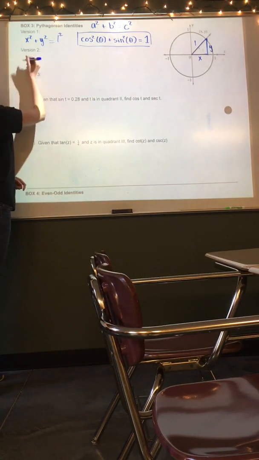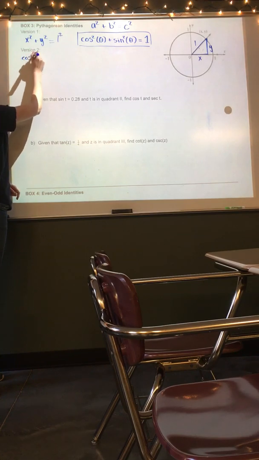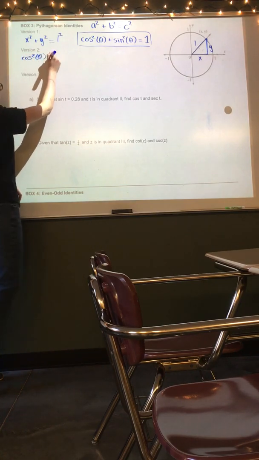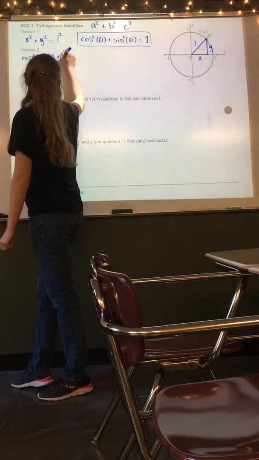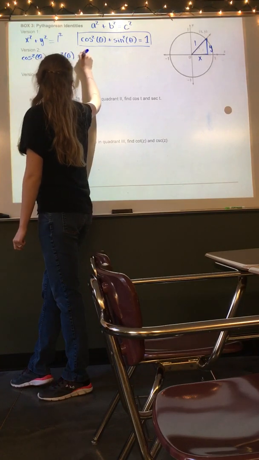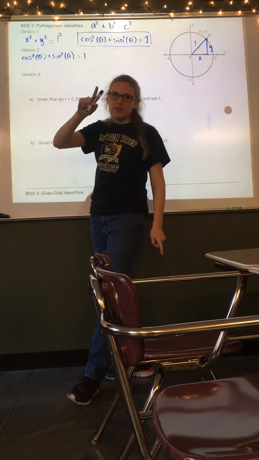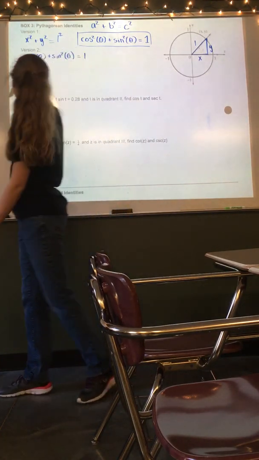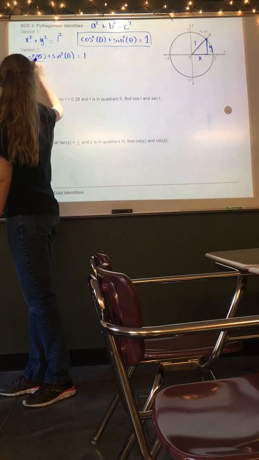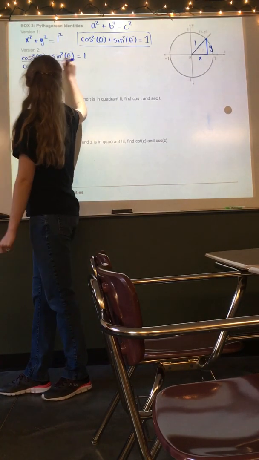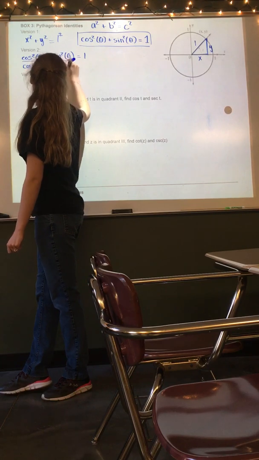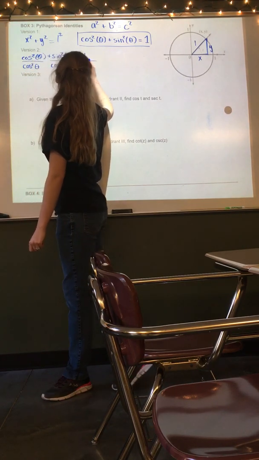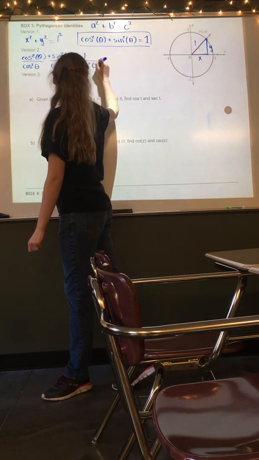So I start with my original, cosine squared of theta plus sine squared of theta equals 1, and I'm going to divide everything in that by cosine squared. Divided by cosine squared, divide this part by cosine squared, divide the 1 by cosine squared.